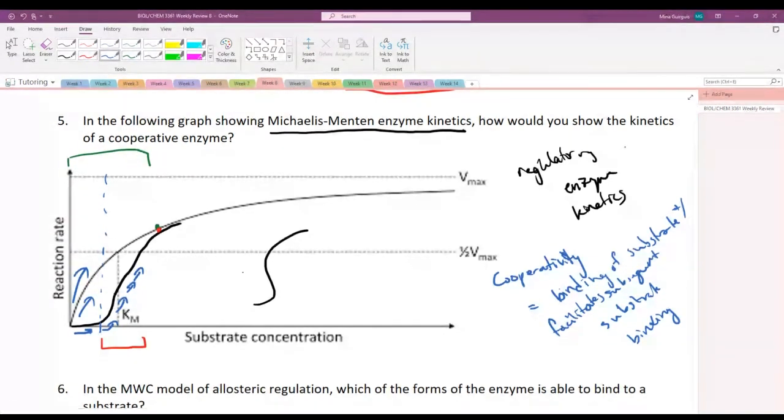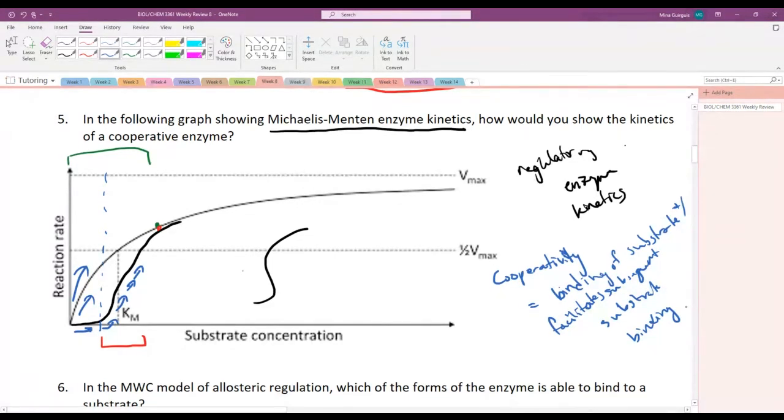Right. Now, I don't know about you guys, but that doesn't actually explain much to me. Like in my mind, I'm like, okay, what are you saying? And so scientists agree, don't worry, and they've come up with 2 models to try to explain this cooperativity, this regulatory enzyme kinetics. And those models are the MWC model and the KNF model, okay?